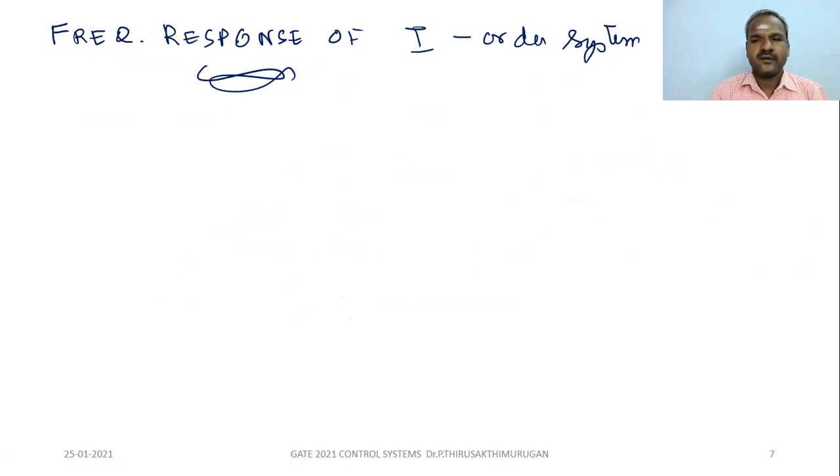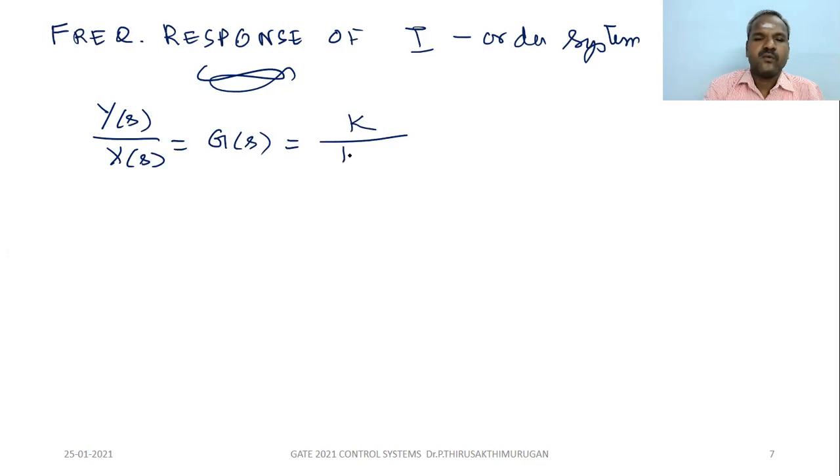What is the first order standard transfer function? Y of s by X of s, or say G of s, equal to K by 1 plus s tau.